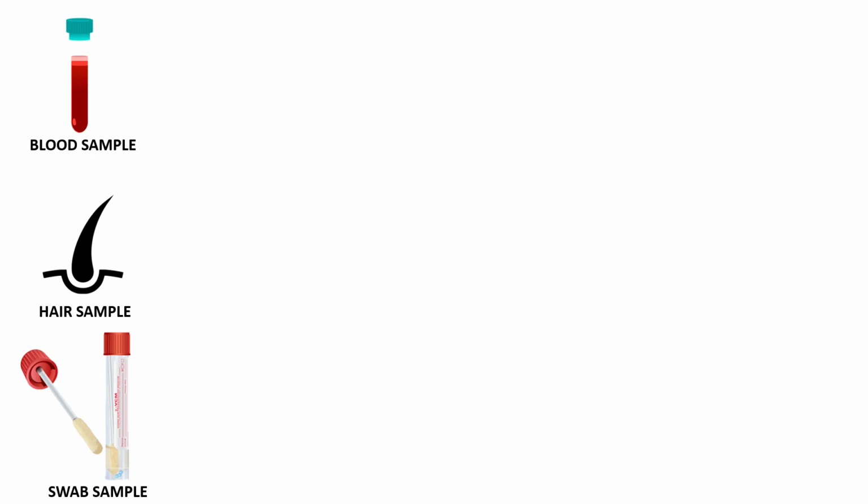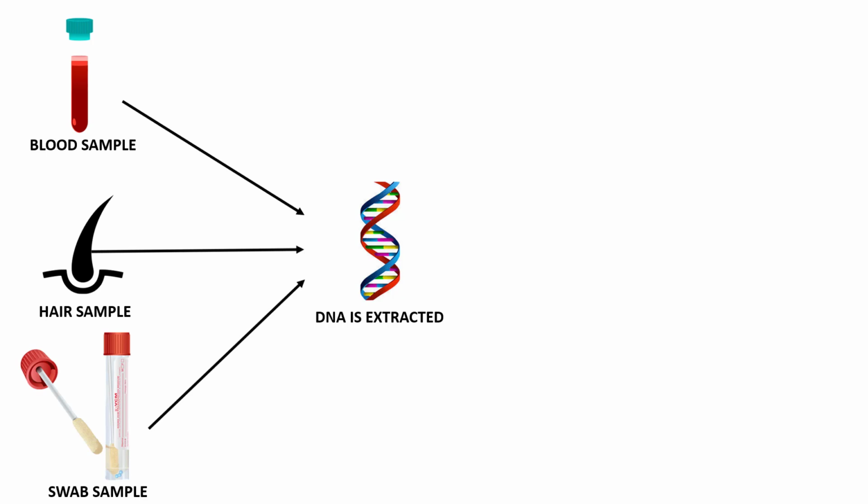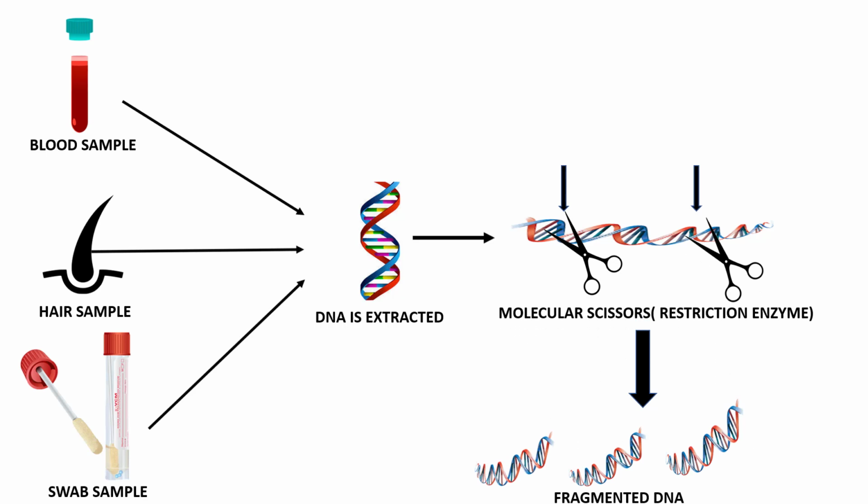So now let's understand the procedure of this technique, in which specific non-coding sequences of satellite DNA are analyzed to differentiate between individuals on the basis of polymorphism or variation. So if any DNA sample is found at the crime scene as evidence, such as a blood sample, swab sample or hair sample, first the DNA is extracted from this sample, followed by the digestion or cutting of the DNA at specific sites with the help of restriction endonuclease, which is also called the molecular scissor.